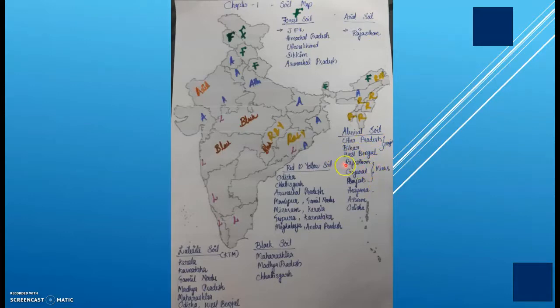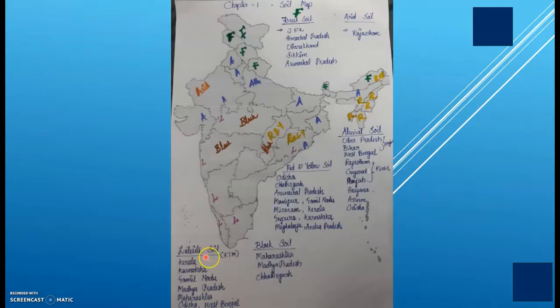Then minor regions Rajasthan, Gujarat, Punjab, Haryana, Assam and Odisha. Then red and yellow soil, Odisha, Chhattisgarh, Arunachal Pradesh, Manipur, Mizoram, Tripura, Meghalaya, Tamil Nadu, Kerala, Karnataka and Andhra Pradesh. Then laterite soil, Kerala, Karnataka, Tamil Nadu, Maharashtra, Madhya Pradesh, Odisha and West Bengal.